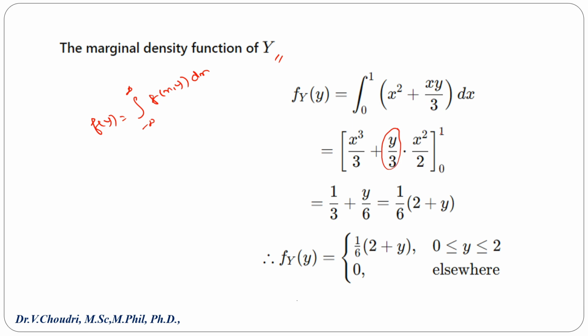Applying the upper and lower limits, here simple limits 1 and 0, so 1 minus 0, and y by 6 into 1 minus 0, so answer only y, here 1. Take LCM here, 6, numerator 2 plus y. So f of y is 1 by 6 into 2 plus y. The limit of y is 0 to 2.